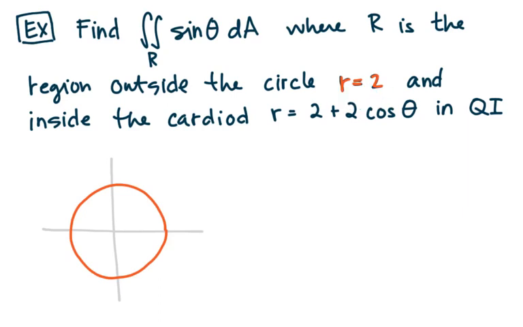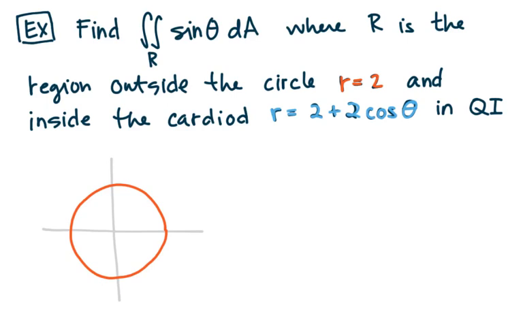r equals 2 is a circle of radius 2, which looks roughly like this. And the cardioid, r equals 2 plus 2 cosine theta. And you can graph that on your TI-84, put it into polar mode, and that converts your variables into r and theta.